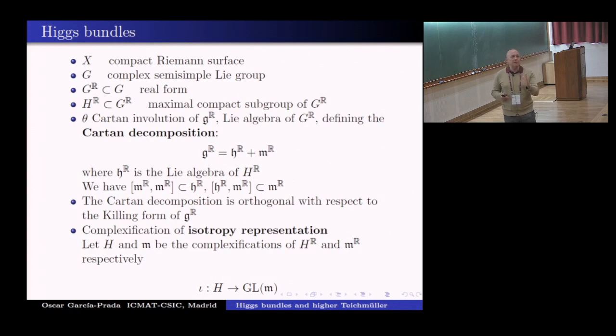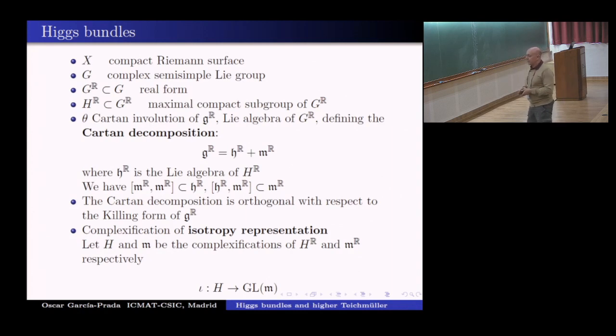One is the adjoint representation of the group HR, and another is a representation on MR. This is called the isotropy representation. The complexification of that is a representation of H on M, and this is also what we refer to as the isotropy representation.